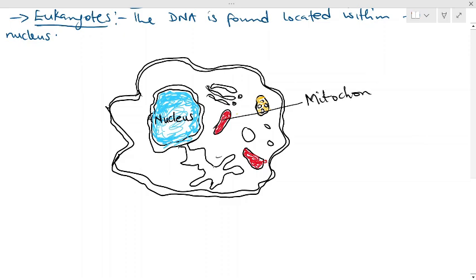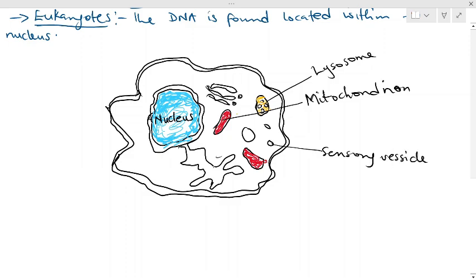Just like we saw a schematic sketch of mitochondria naturally, and here you have the lysosomes. Then these small circles around here are the secretory vesicles.